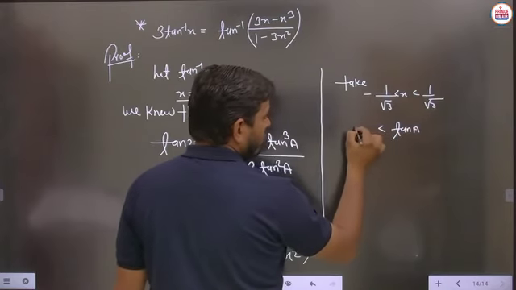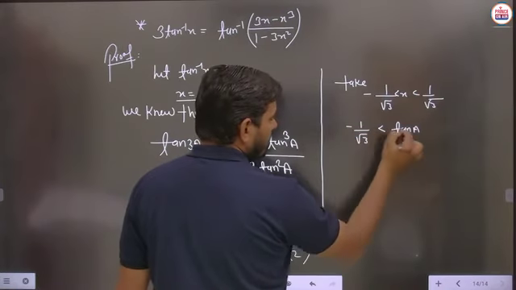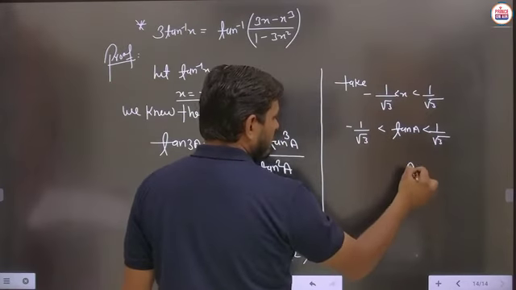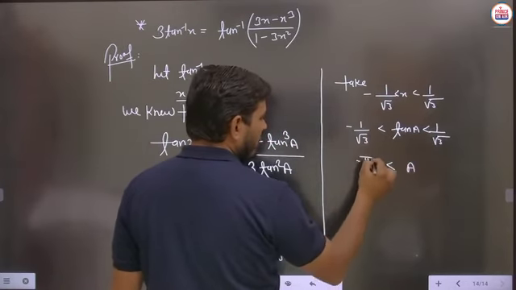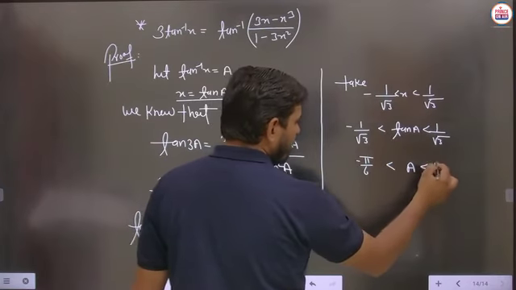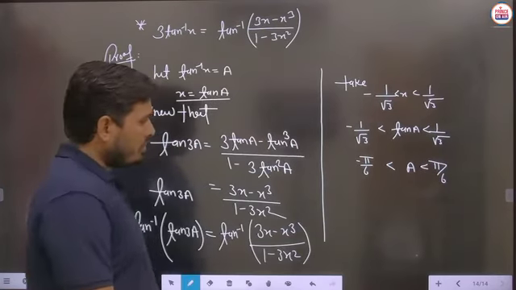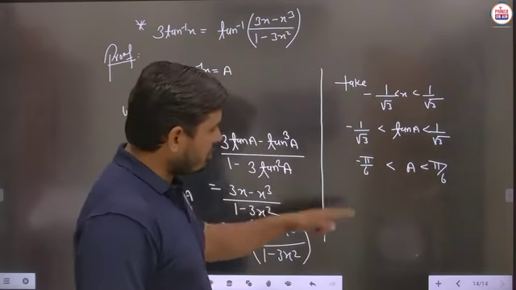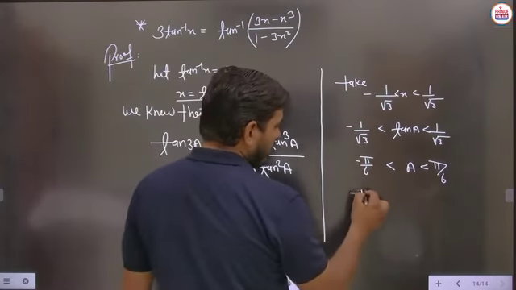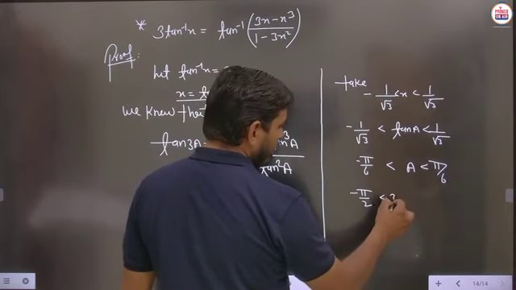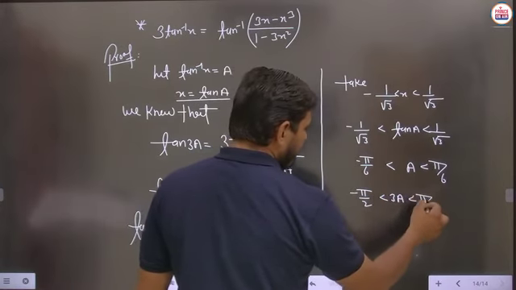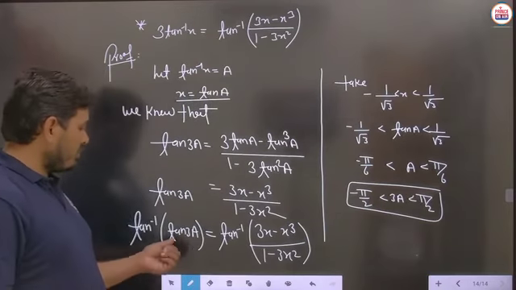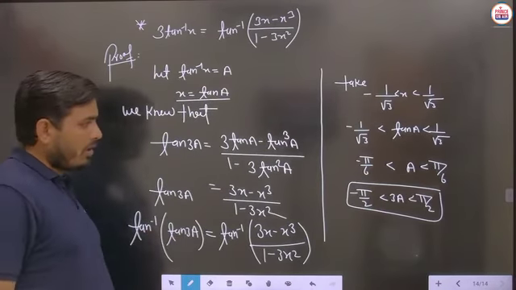So tan a is to be taken from minus 1 by root 3 to 1 by root 3. Now you can say that tan is an increasing function, so it will become minus pi by 6 to pi by 6. Now we have to know about 3a. Here 3a will be there, so you can just multiply by 3. Then after multiplying by 3 it will become minus pi by 2 to pi by 2. So now you can check the situation where 3a will lie in this interval minus pi by 2 to plus pi by 2.